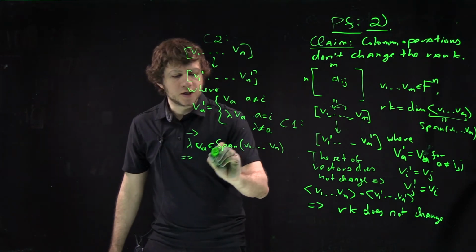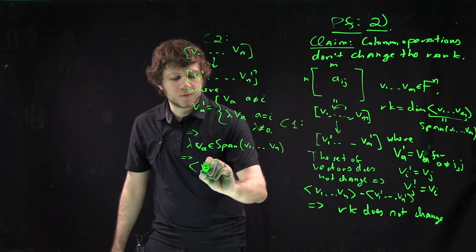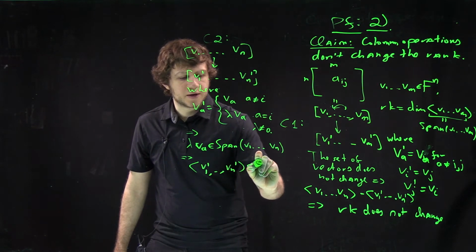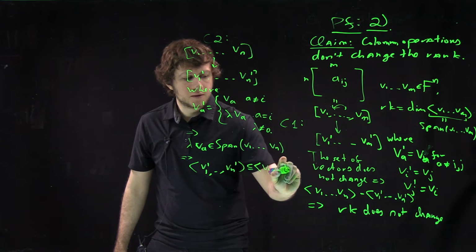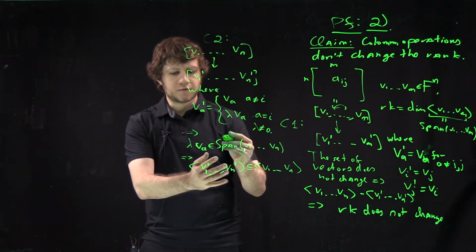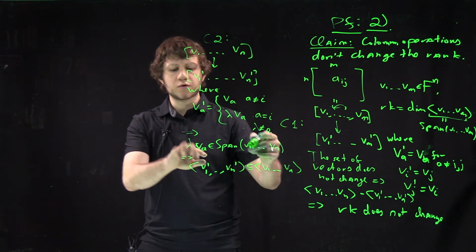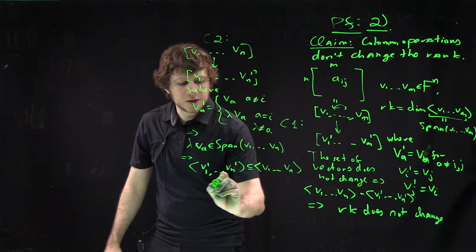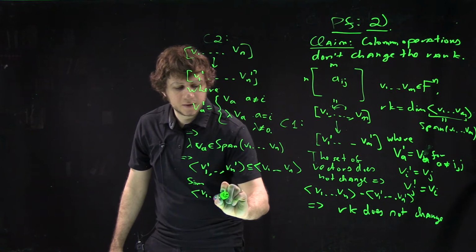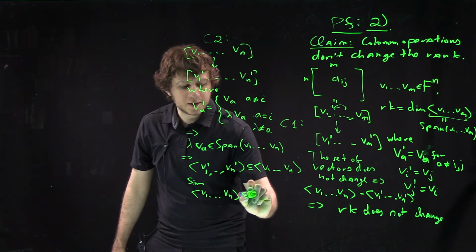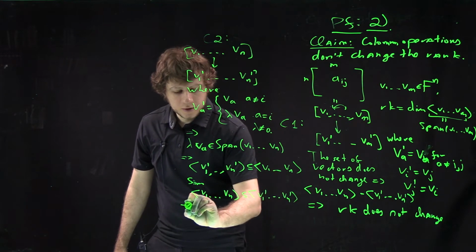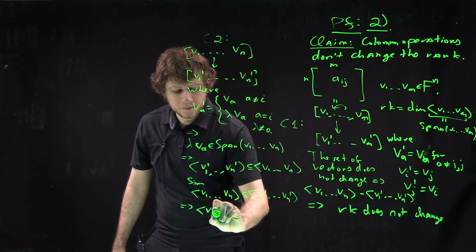So the span of v1 prime up to vn prime is inside the span of v1 up to vn. Similarly, one can do it vice versa, because lambda is not 0, so you can divide by it, and then the span of v1 up to vn is contained inside the span of v1 prime up to vn prime, so they are equal.